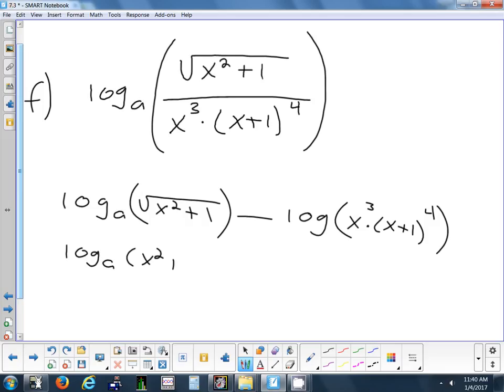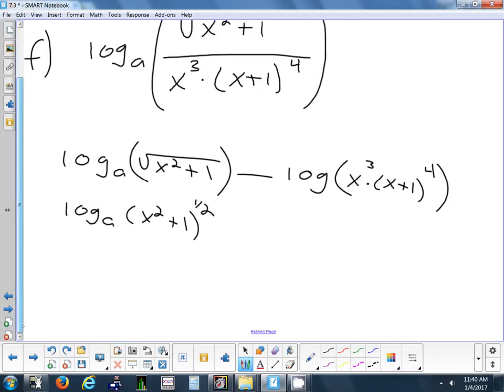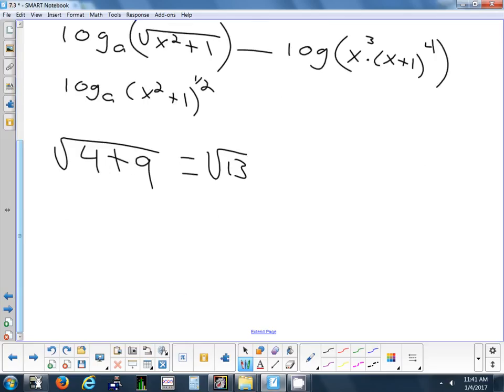So this turns into that. Let's stop for a second. What do you get if you do that? What's the square root of 4 plus 9? It's the square root of 13. What's the square root of 4? And what's the square root of 9? 3.